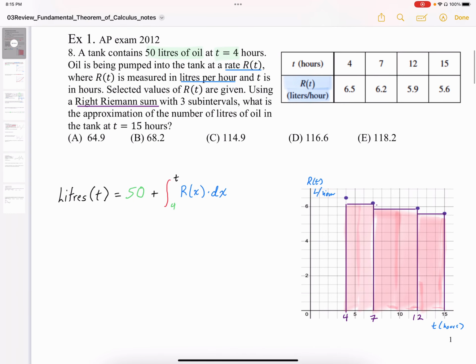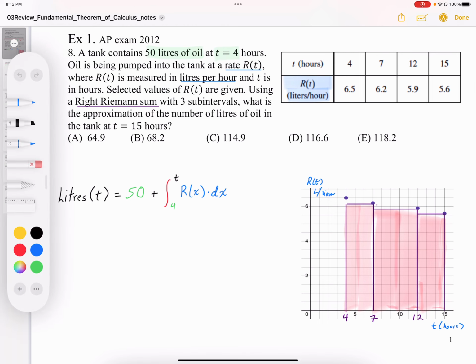So what we want to do then is calculate the liters at 15 hours. That's going to be equal to the starting value of 50 plus the area under the curve from t equals 4, that's our starting point, to t equals 15 underneath our rate function.